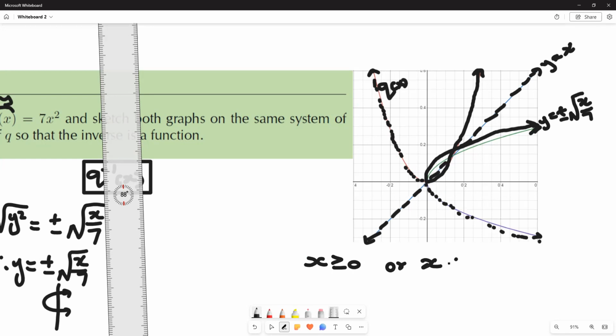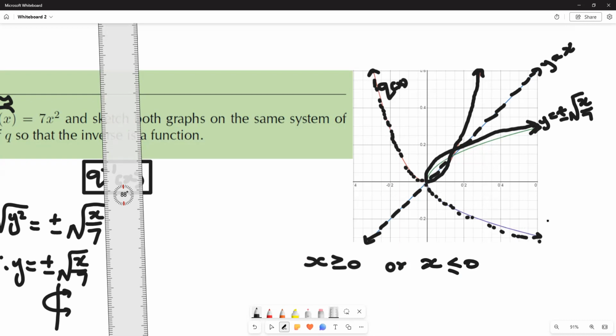Or x must be less than or equal to 0. If you do less than or equal to 0, you are doing this part basically, where the x values are negative here. And if you are doing this part, it means when the inverse, you are only focusing on here. So those two guys there won't be there. You see? So which means the inverse is also going to be a function. But in simple terms, when they say restrict, my experience tells me that the answer is always the same.